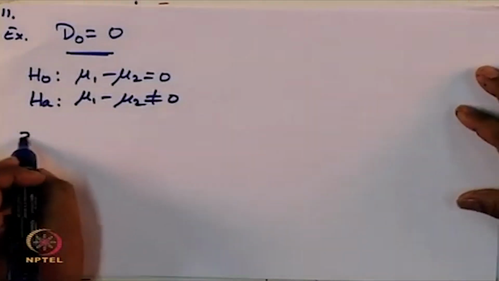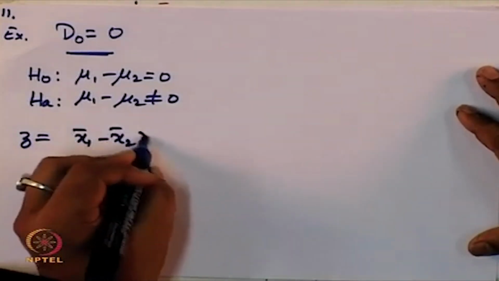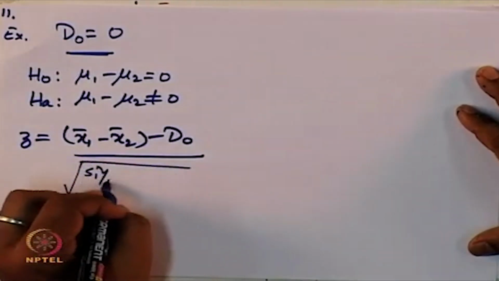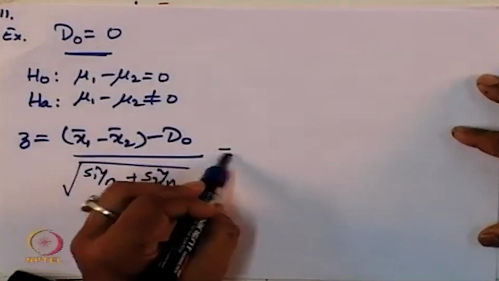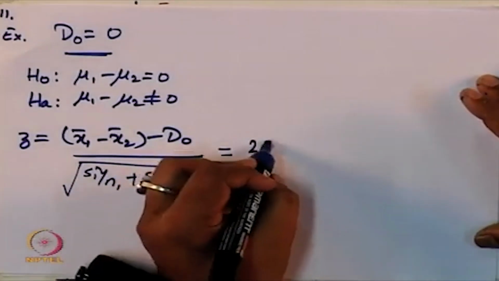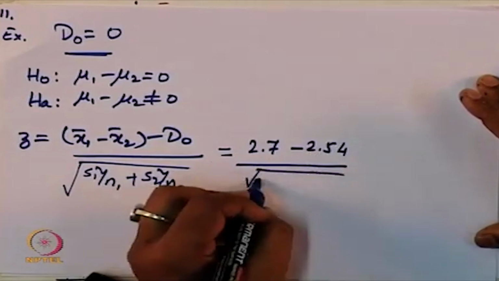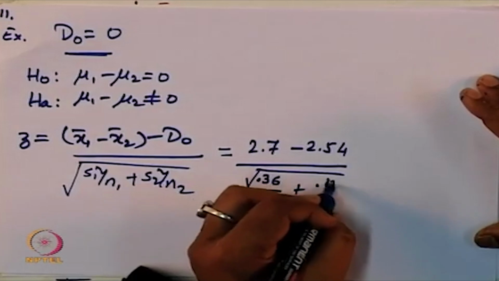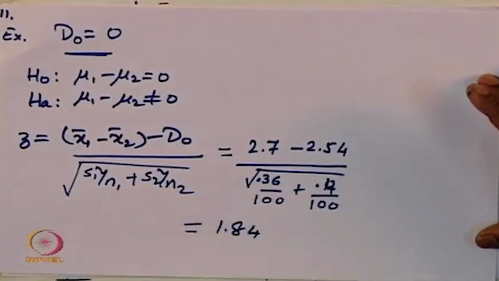In the general case, z, the test statistic, has to be defined as follows. Since for this particular case our d naught is 0, we can simply put in these values, and you get a value for the test statistic as 1.84.